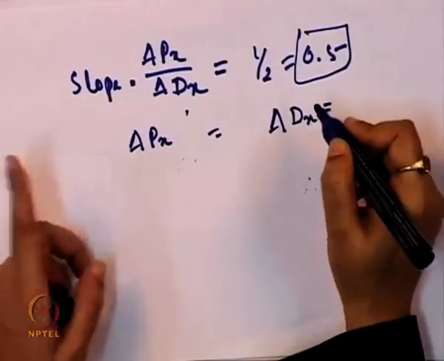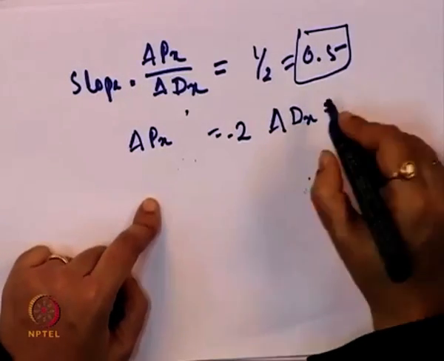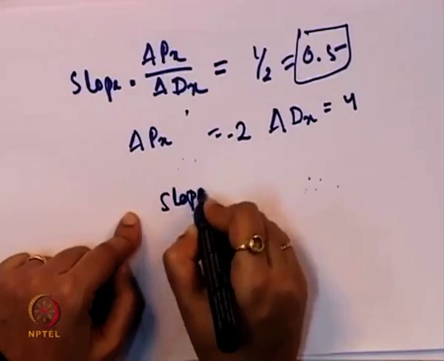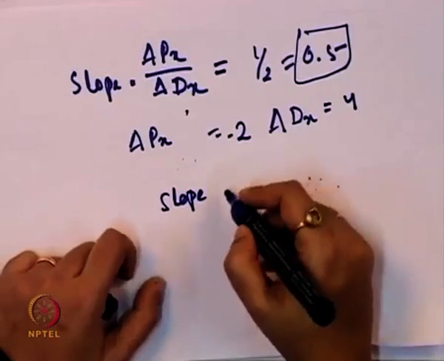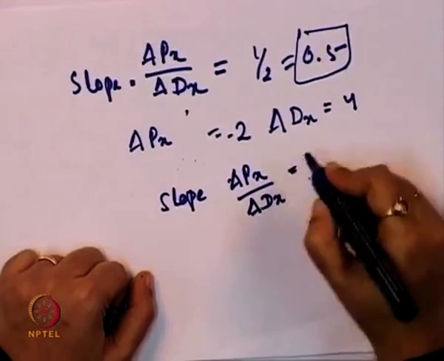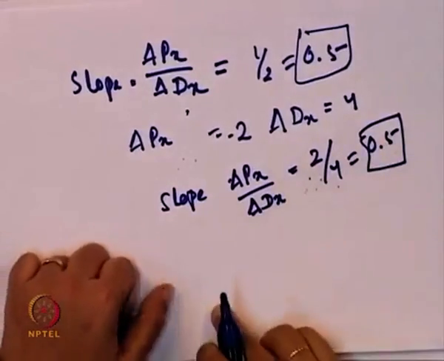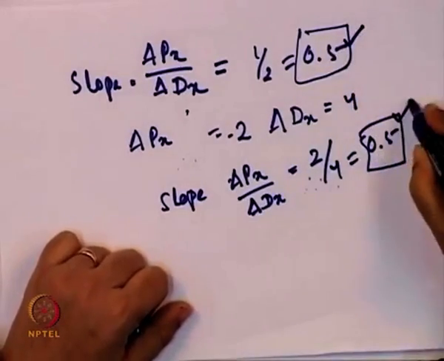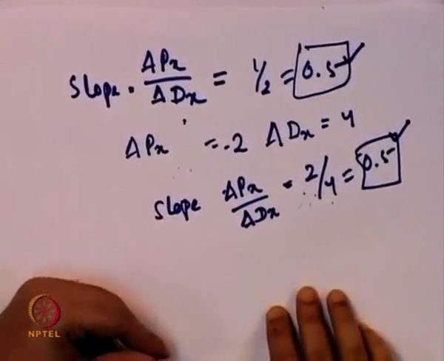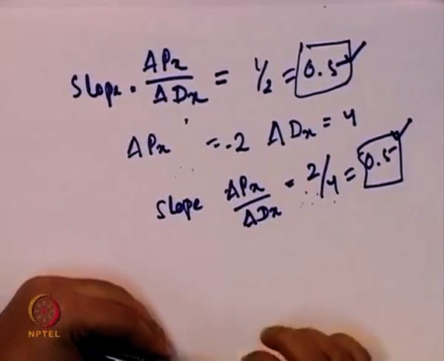Del Px is 3 minus 5, that is minus 2, and del Dx is 14 minus 10, that is 4. So, when you identify the slope between these two points, this is again the ratio of del Px by del Dx, which is 2 by 4, and we are getting a value which is 0.5. So, in case of a linear demand curve, you get a constant slope throughout all the points of the demand curve, because the change in the dependent variable remains constant with respect to change in the independent variable.